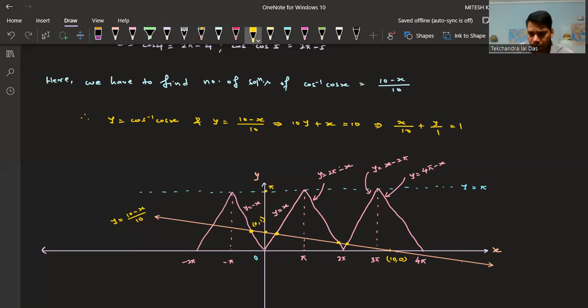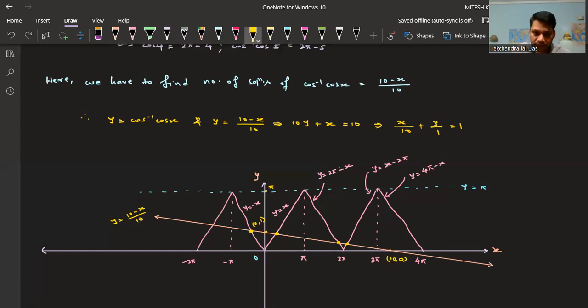From 0 to 4 pi, these two graphs, y equal to (10 minus x) by 10 and y equal to cos inverse of cos x function, are cutting at 3 points. One is here, one is here, one is here. So there are 3 solutions here. We can also find those solutions, because the graphs are easy: this is y equal to x and this is y equal to (10 minus x) by 10.